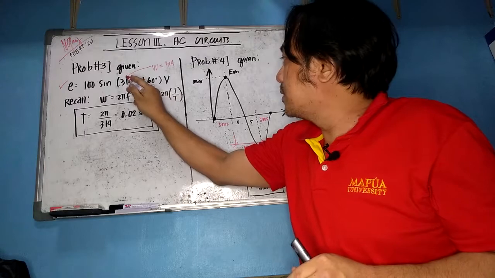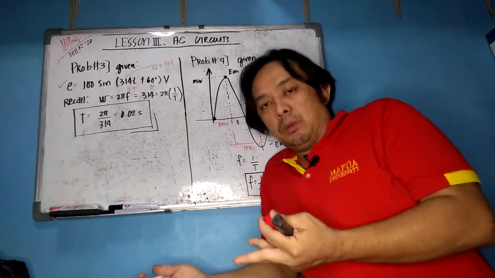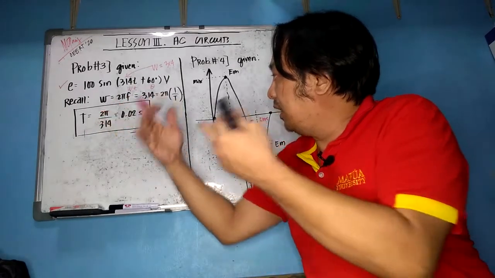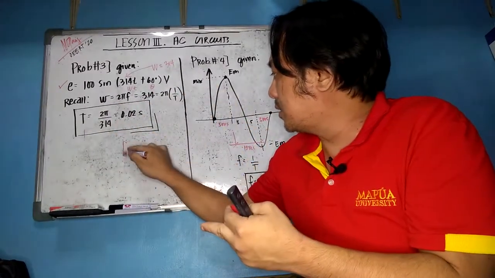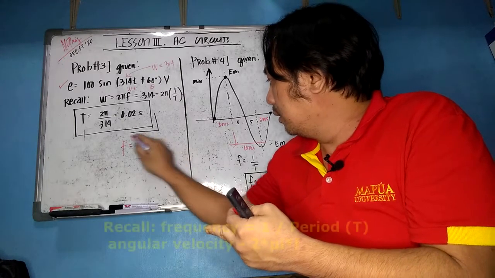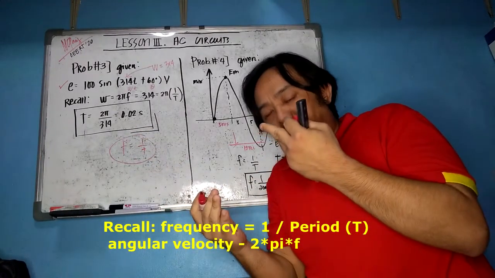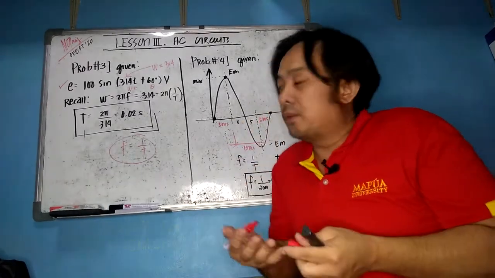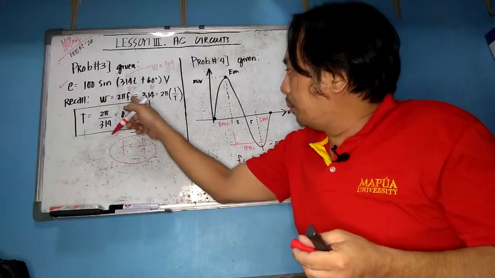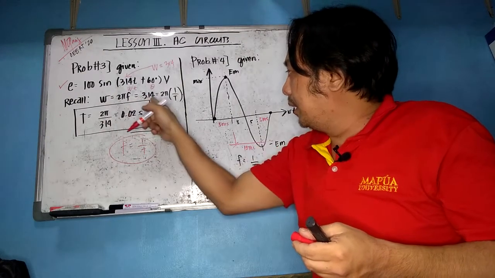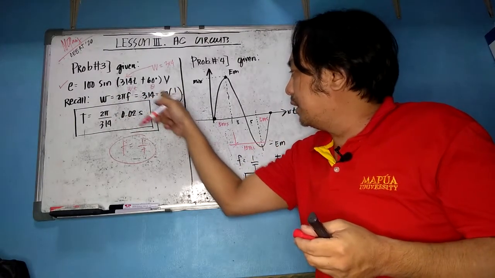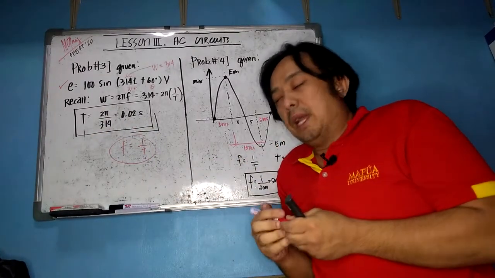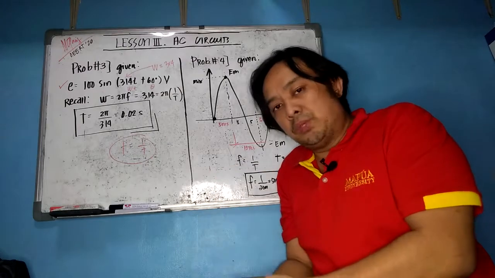So we can solve the problem already: omega is equal to 2 pi f, and f is 1 over T. Just recall what we described on period. The period is the inverse of the frequency. So you have 2 pi f, 314 is the omega, then 2 pi times 1 over T, and then rearranging the equation, T is equal to 2 pi over 314. The answer is 0.02 seconds.